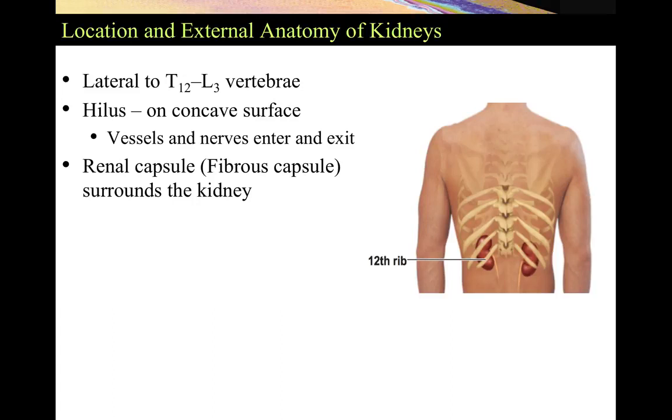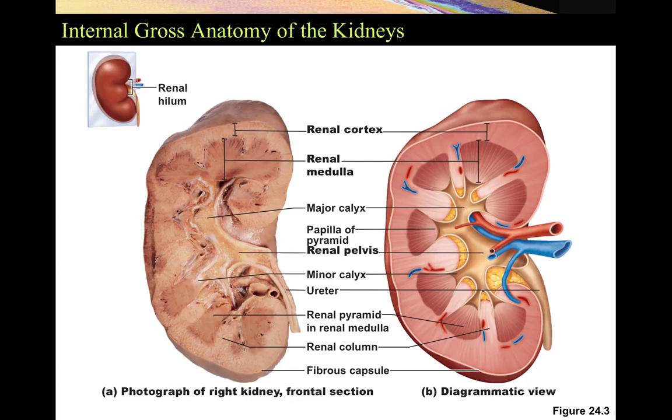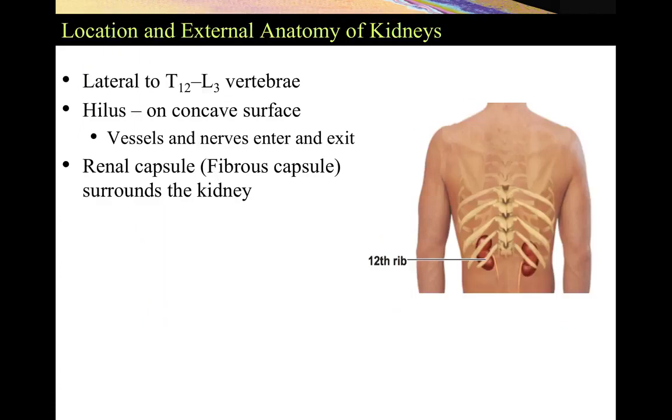You also have a region referred to as the hilus or hilum. I'll talk about that in more detail, but looking at the whole kidney, this middle region with an indentation is what we refer to as the renal hilus or hilum, and that is where all the main blood vessels and nerves either enter or exit the kidney.